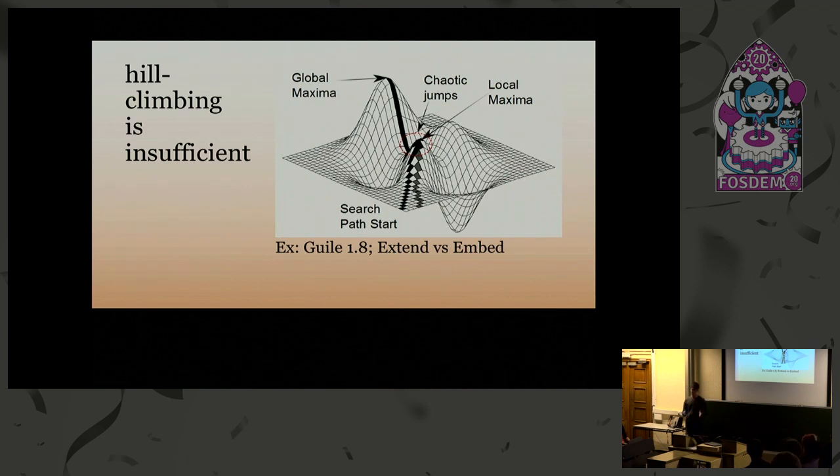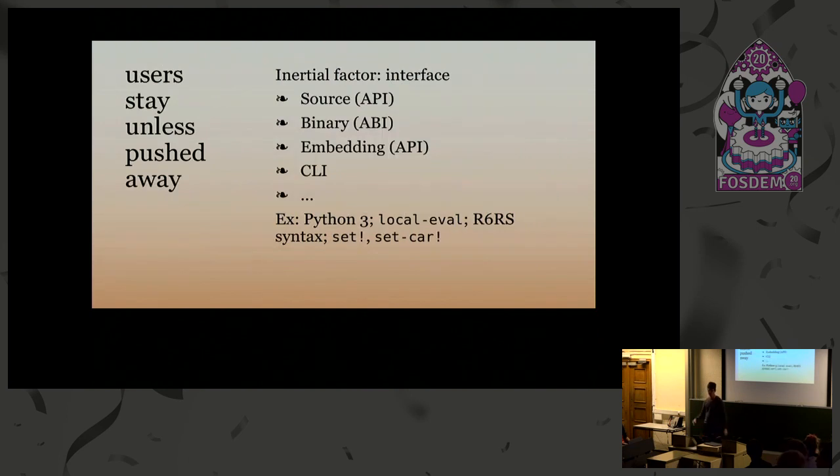We had optimized and optimized and optimized to be a Scheme that you would link to from C. And we got to what we thought was a good position, but it had a lot of downsides that we couldn't reach through incremental steps to getting somewhere else. So while hill climbing has its place, it's not enough, right?